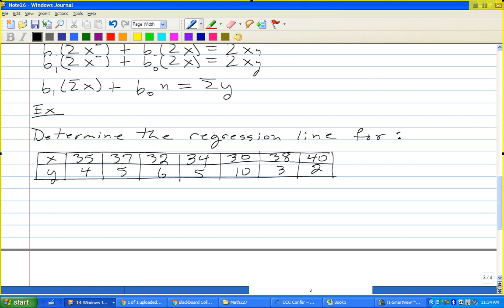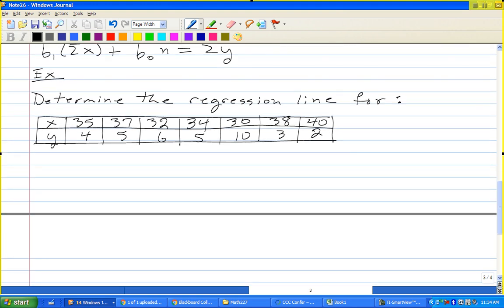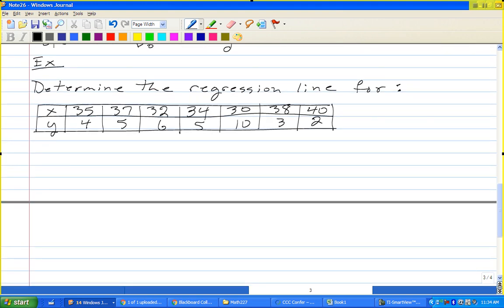Okay, so basically we're going to want to solve the following system of linear equations.